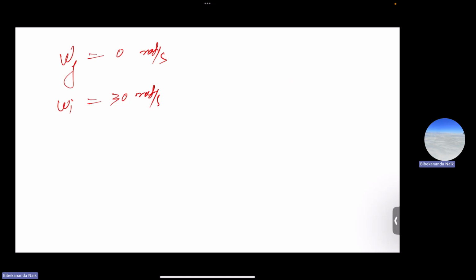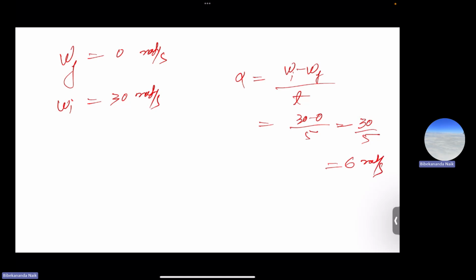So the acceleration will be (omega_i minus omega_f) by t. So 30 minus 0 by 5, which is 30 by 5, or 6 radian per second square.